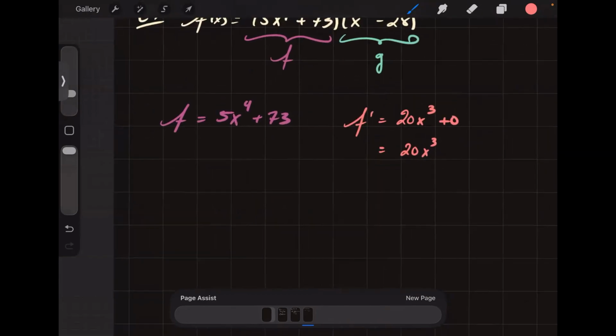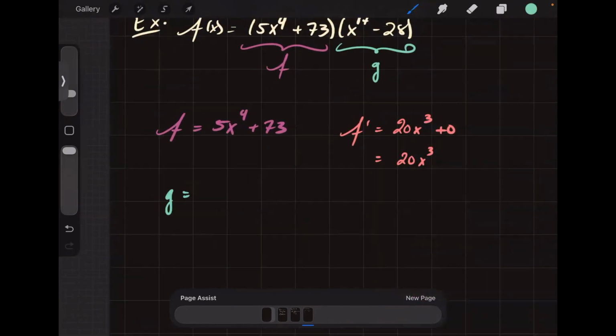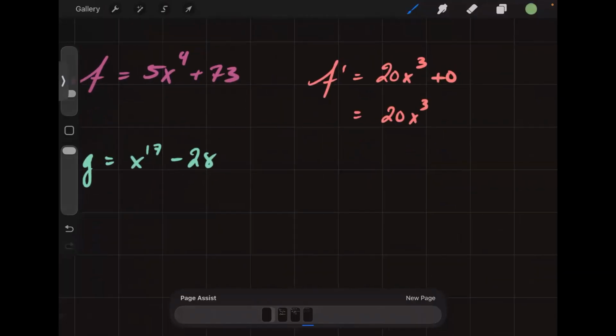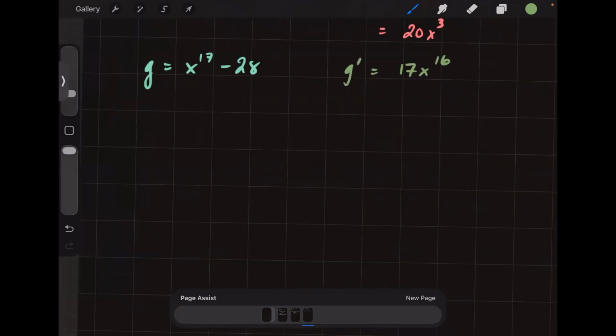Okay. And then I'm going to write g of x. G is equal to x to the 17th minus 28. And that means g prime is equal to 17x to the 16th. Right.